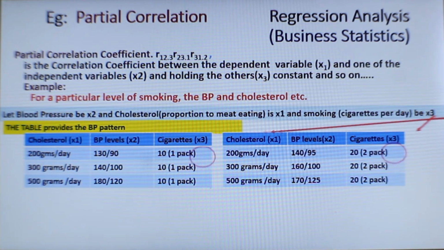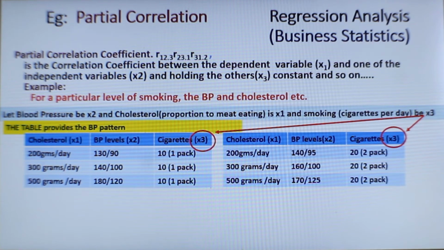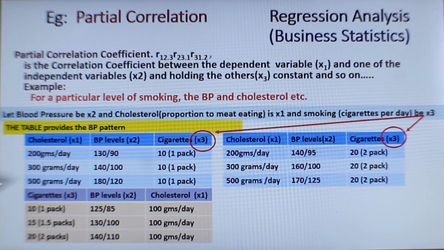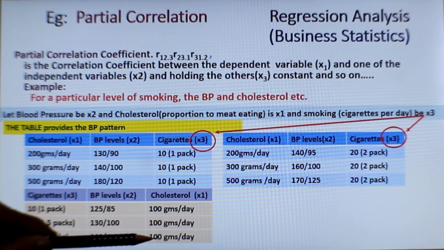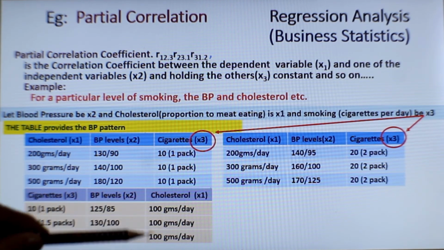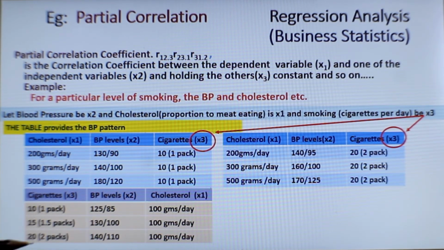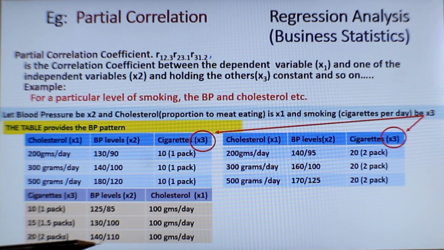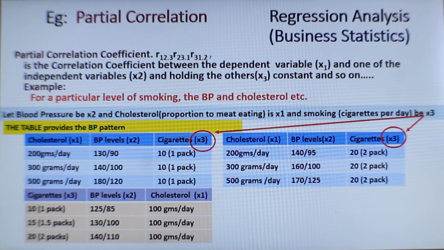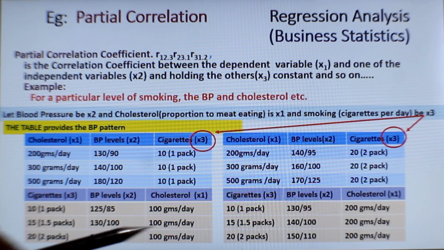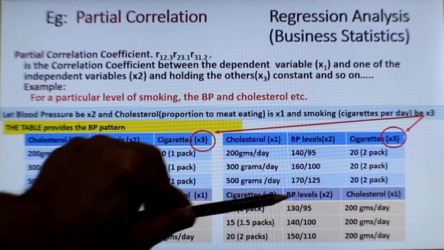Now the other one is, we are holding cholesterol or the meat eating at a particular level and varying the cigarette smoking level. There again you can see the BP is varying, and definitely here it is much more elevated, right?